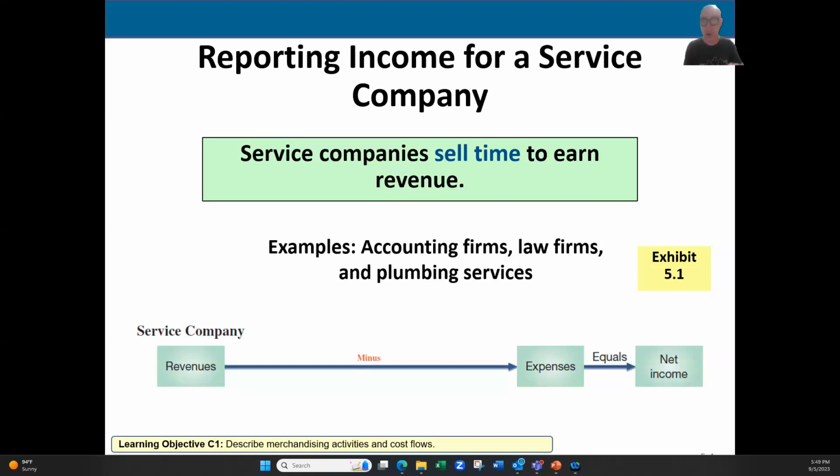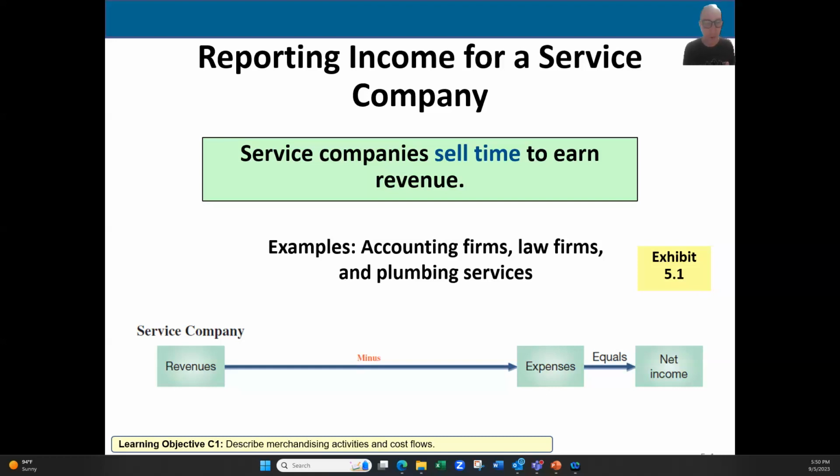So the revenue that the service company collects is called service revenue. And so that's the account name. And so on their income statement, it's service revenue, the top line, sales.